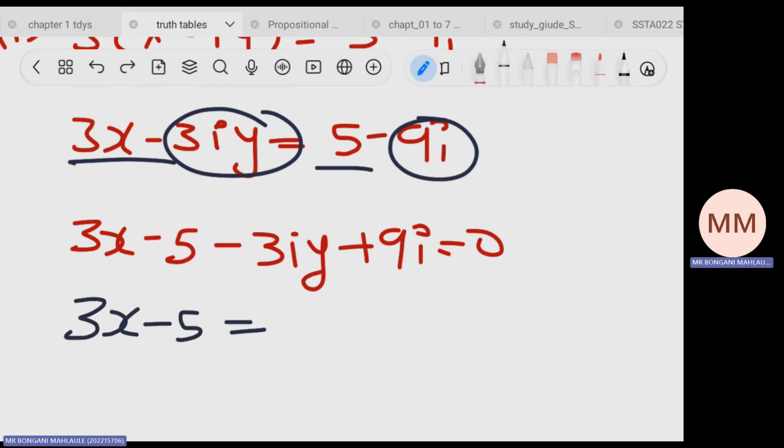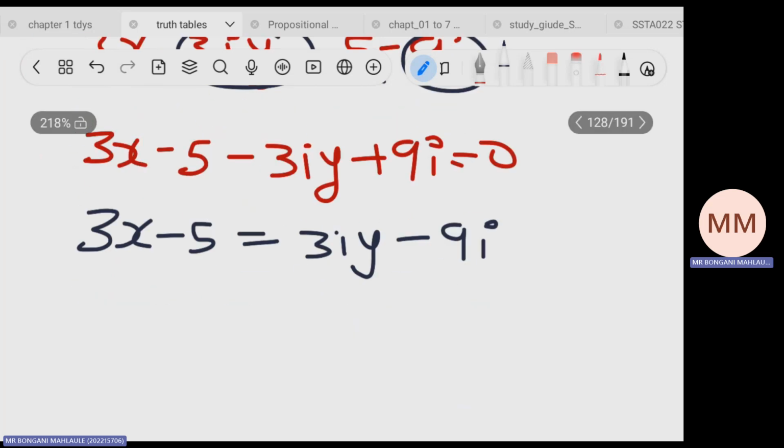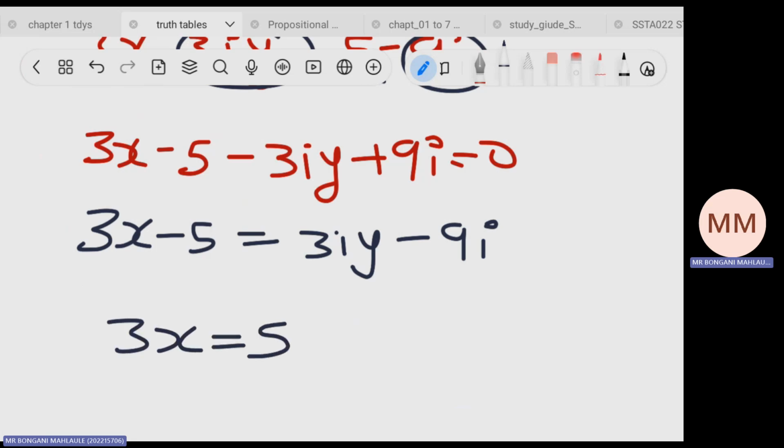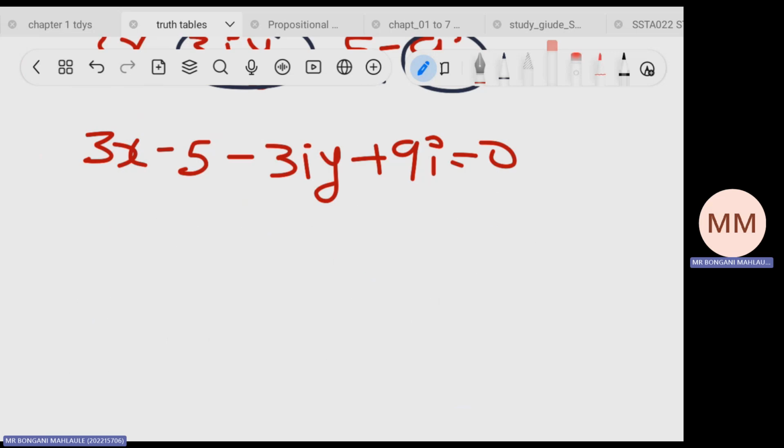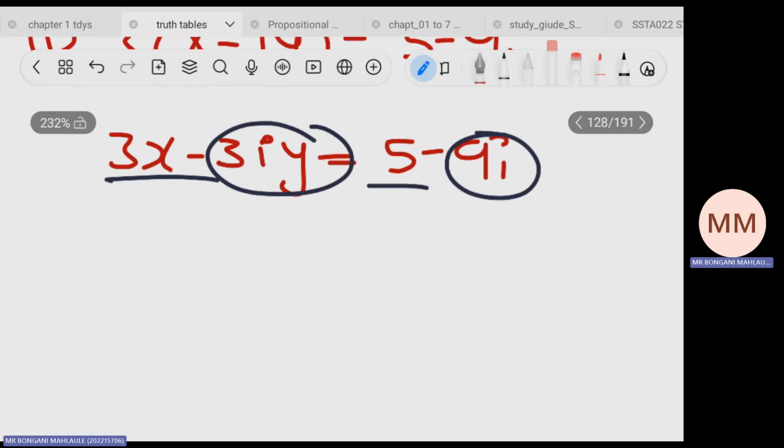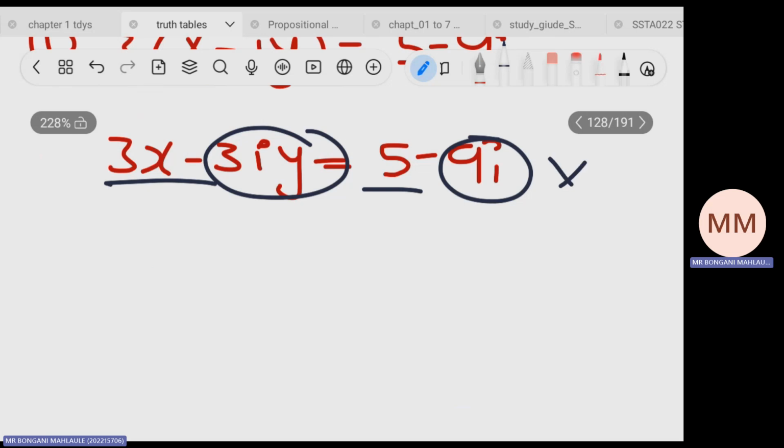So I'm going to take the imaginary part again to the right. So this is going to be 3x must be equal to 5, because if we're having this, we won't be able to proceed. Or we could have equated it directly from this step.